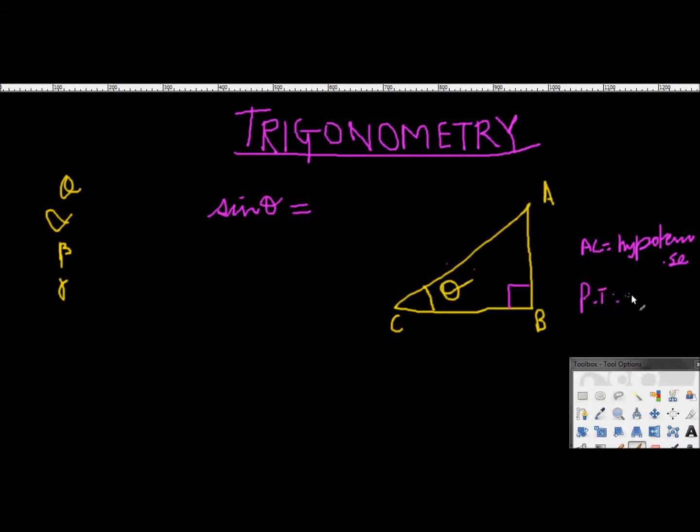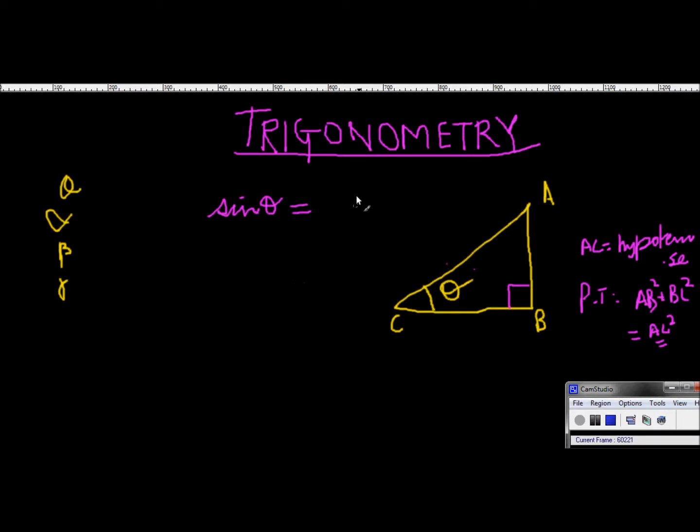These are just the basics. AB square plus BC square equals AC square, where AC is nothing but your hypotenuse.